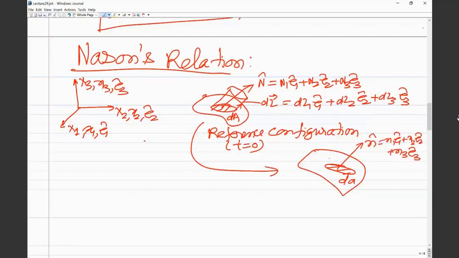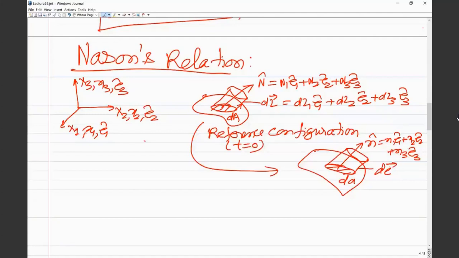And then around that I consider a volume, with edge, let us say, small dl, with components dl1, dl2, dl3 along e1 cap, e2 cap and e3 cap directions.